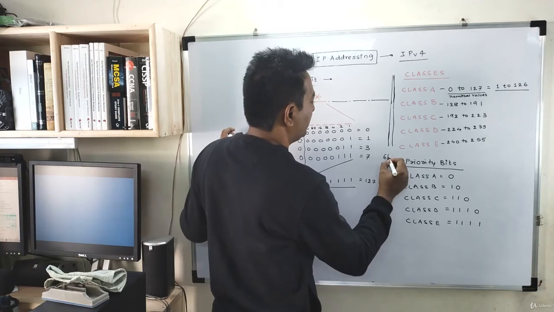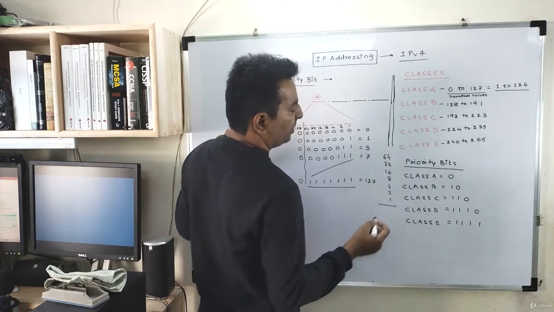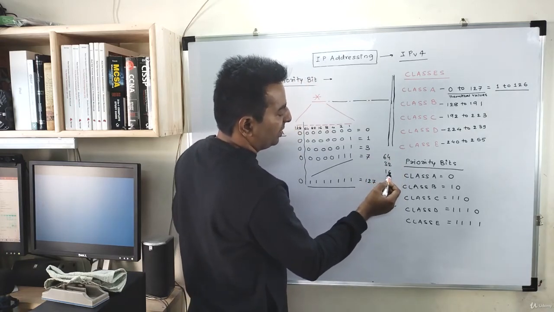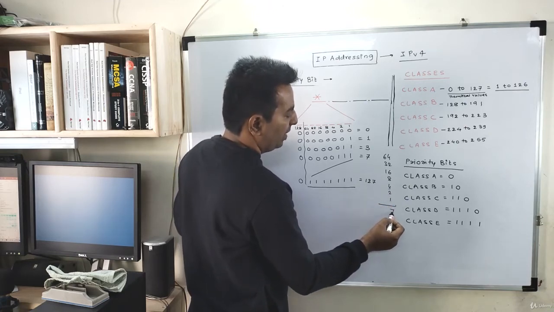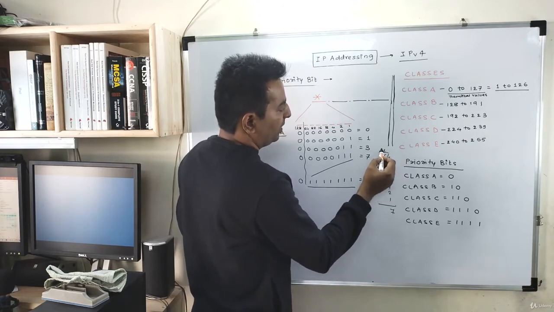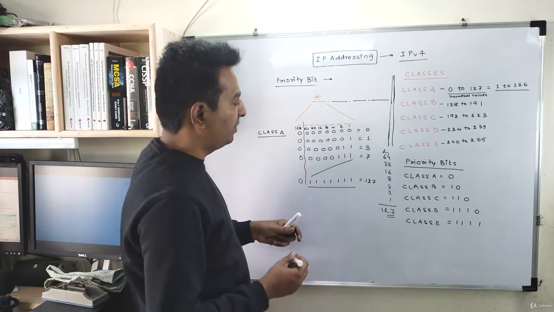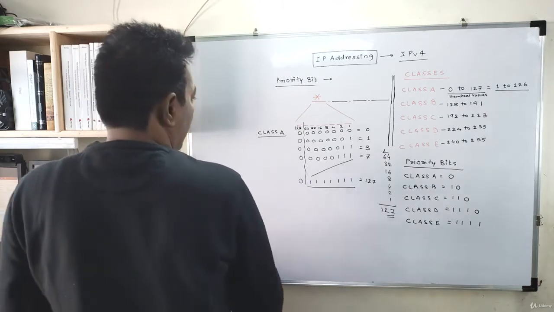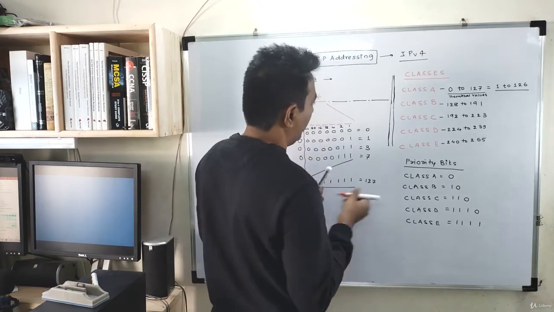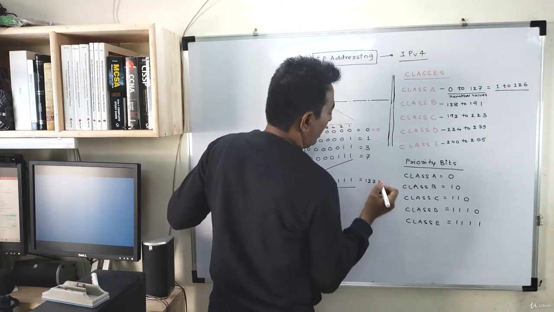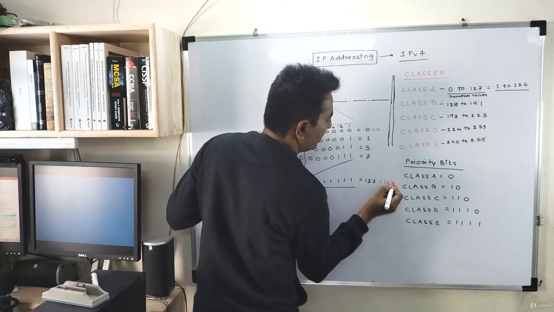So that is why IP class A starts with the number 0 and the class A range ends at 127.